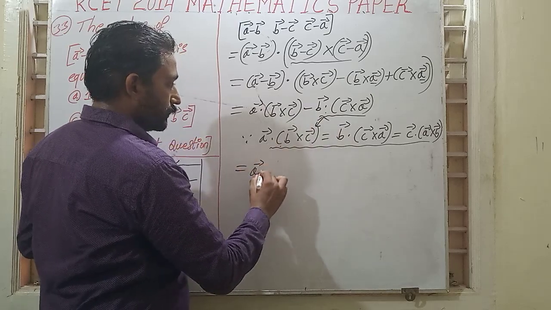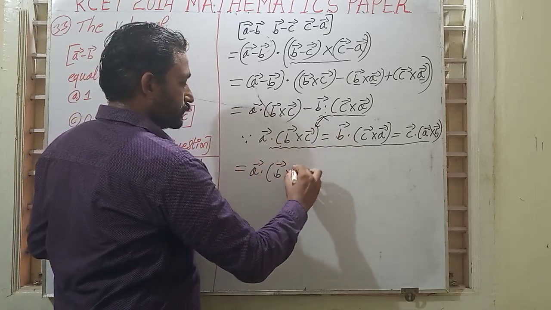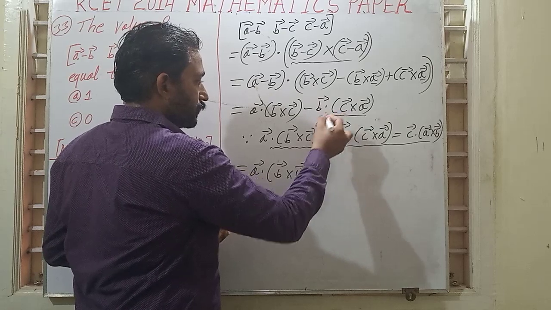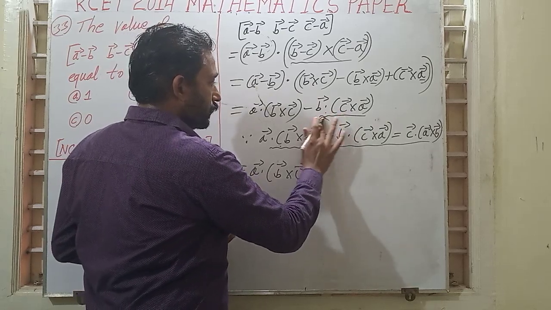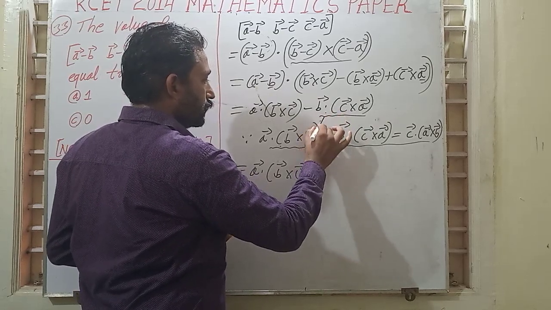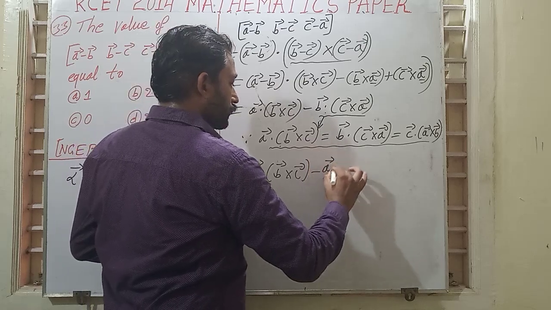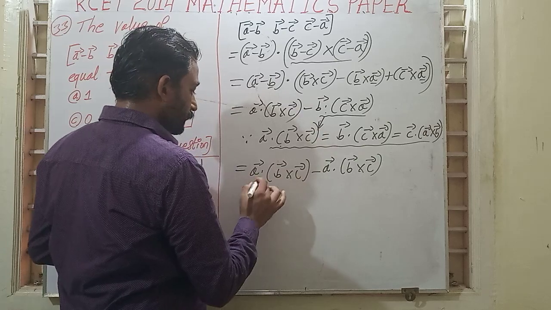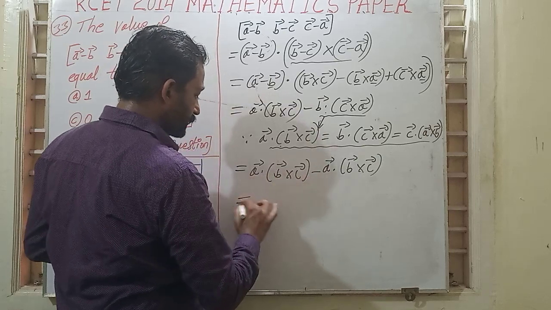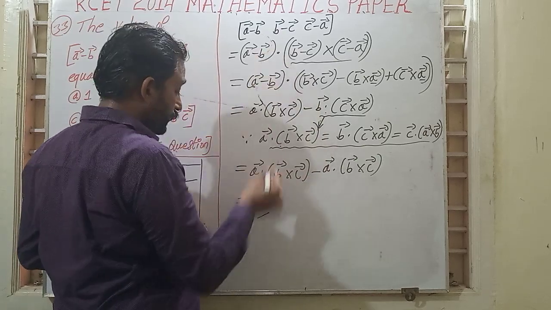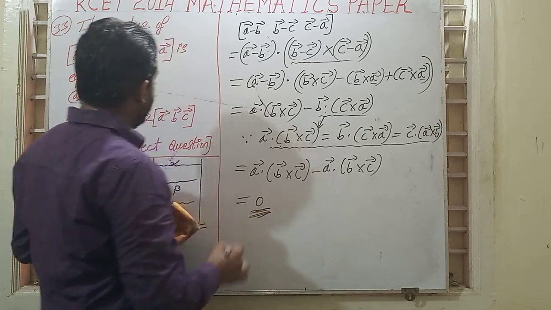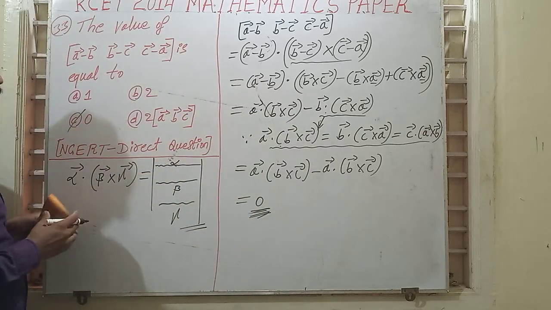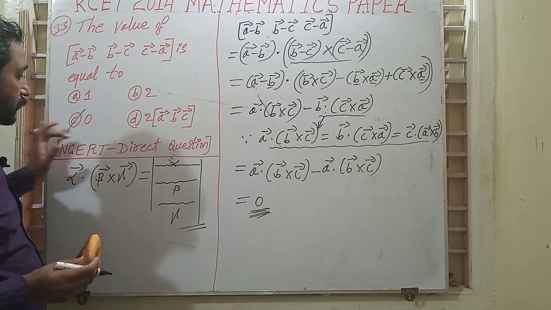Now A dot B cross C minus this, which can also be written as A dot B cross C. Here the same quantity is repeated 2 times with opposite signs, so they cancel each other and the value becomes 0. The scalar triple product value is 0. So the answer is 0. It is a direct NCERT question.